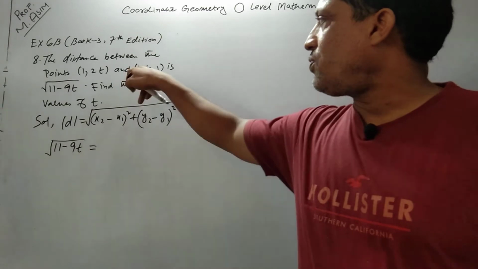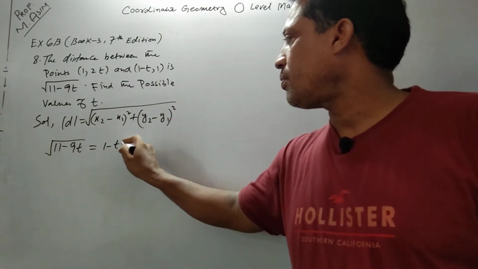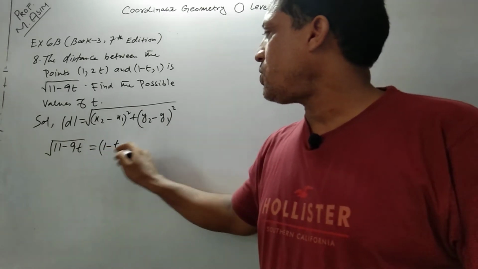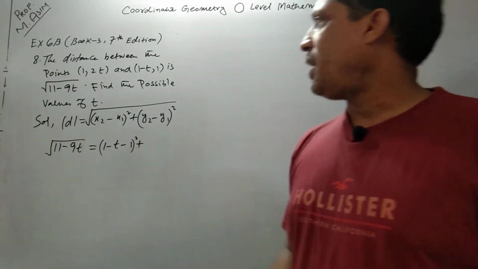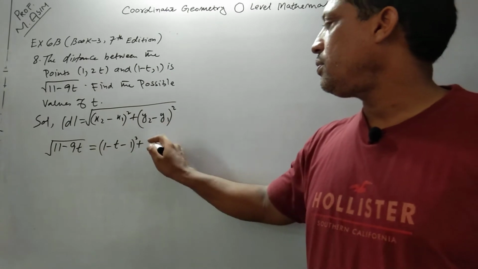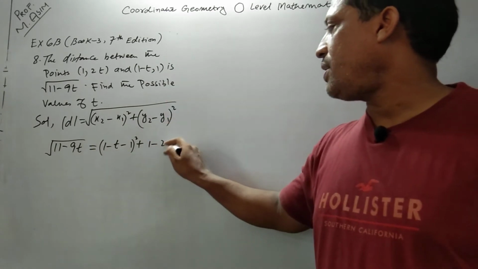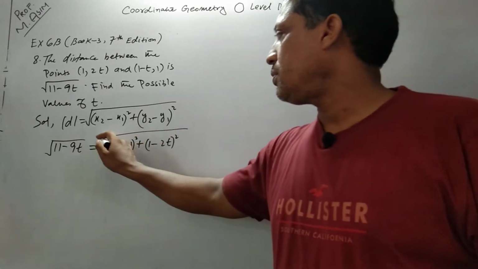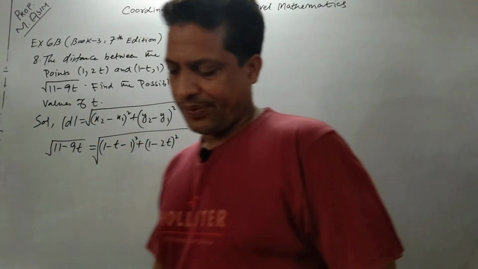So x2 is 1 minus t minus x1 is 1, whole square, plus y2 is 1 minus y1 is 2t, whole square, root.